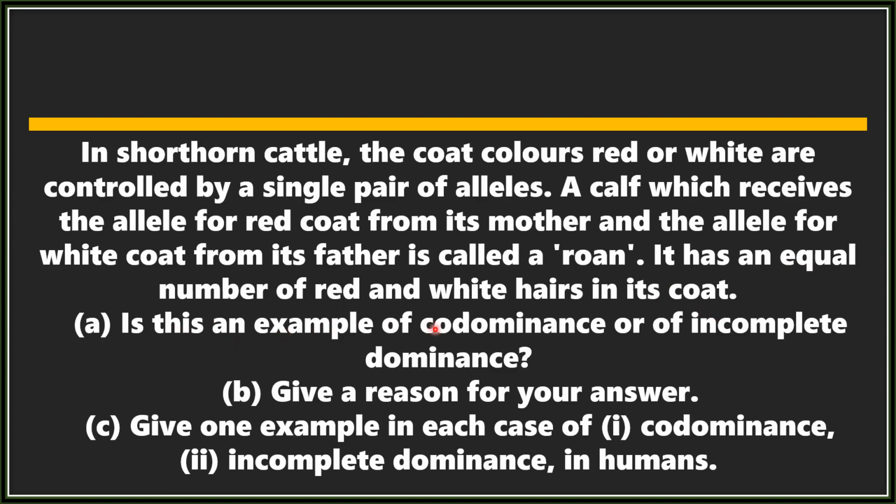A. Is this an example of codominance or incomplete dominance? B. Give a reason for your answer. C. Give one example in each case, of codominance and incomplete dominance, in humans.